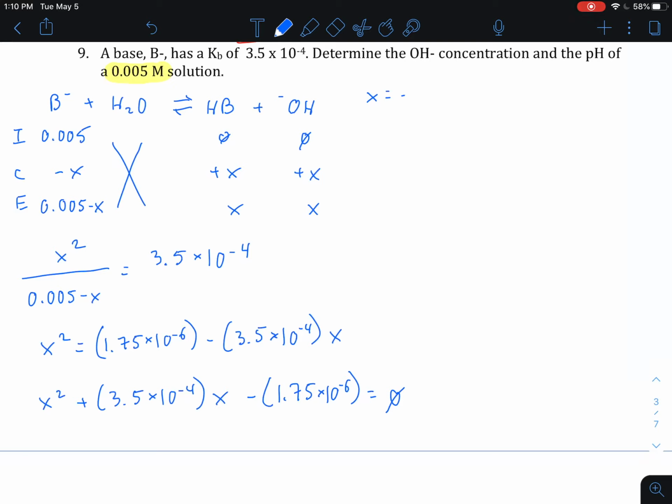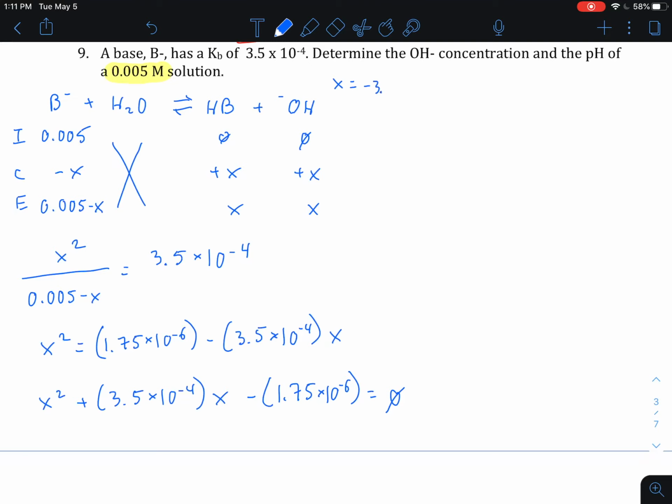So x equals, let me scoot over so I have more room. x equals negative b, which is negative 3.5 times 10 to the negative 4, plus or minus the square root of b squared minus 4ac. So 3.5 times 10 to the negative 4 squared, and it'll be plus, since c is negative, plus 4 times 1.75. Yeah, let me just clean this up. Sorry about that.